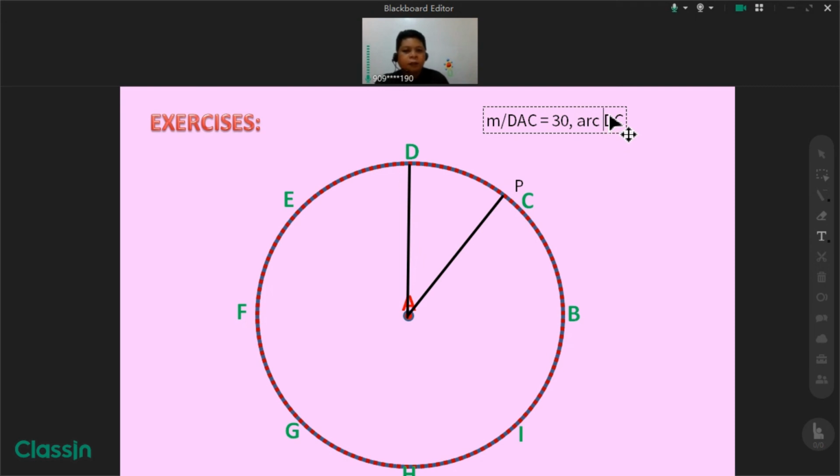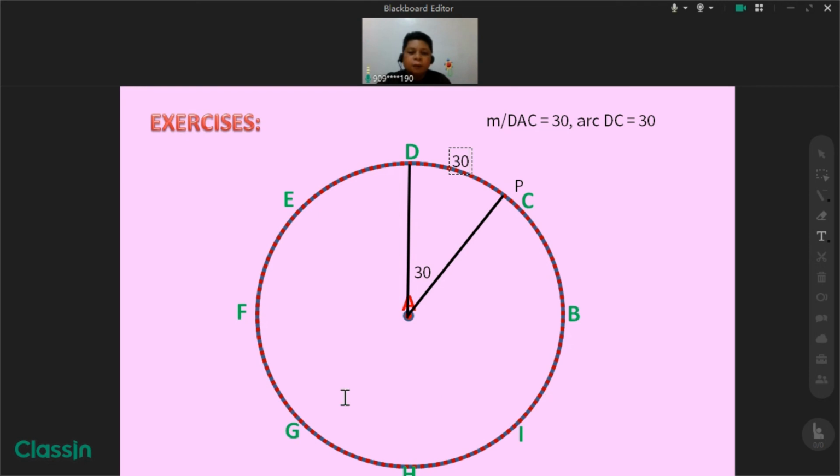Of course, it is also 30 degrees. If this angle is 30 degrees, this intercepted arc is also 30 degrees.